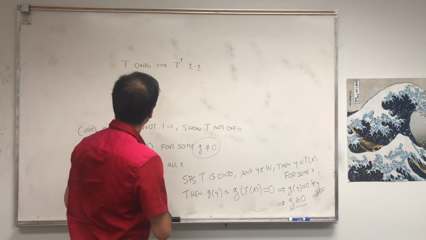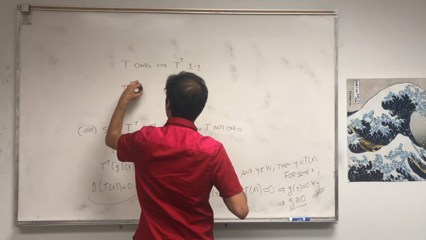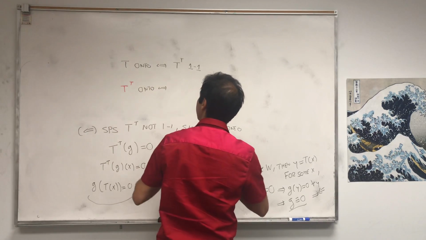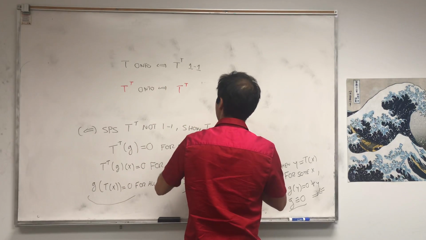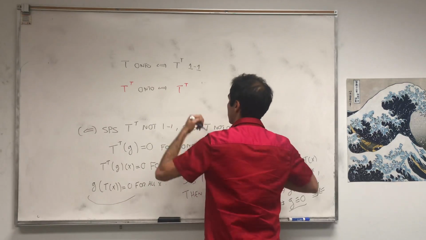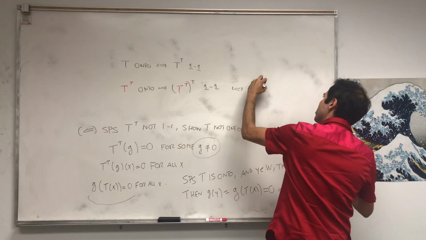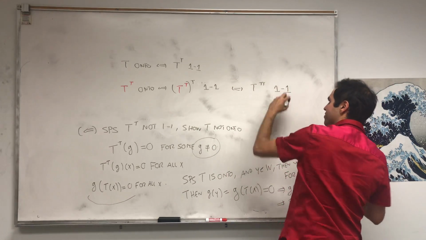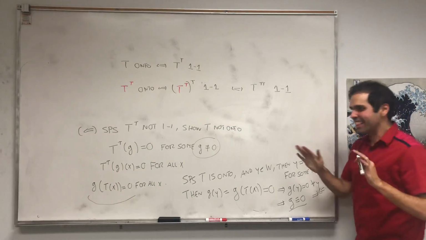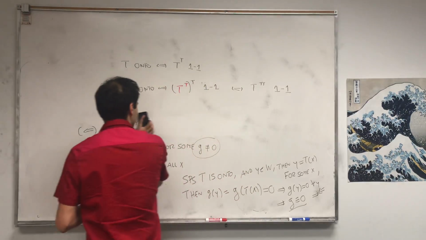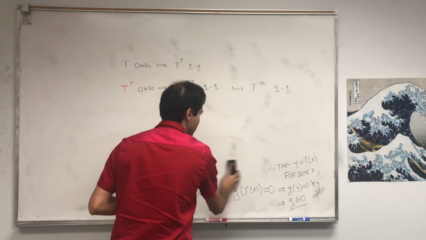So what you get also, just applying the same thing, is that T transpose onto if and only if T transpose transpose is 1-to-1. But be super careful. This does not imply that T is 1-to-1, because T transpose transpose is not equal to T.